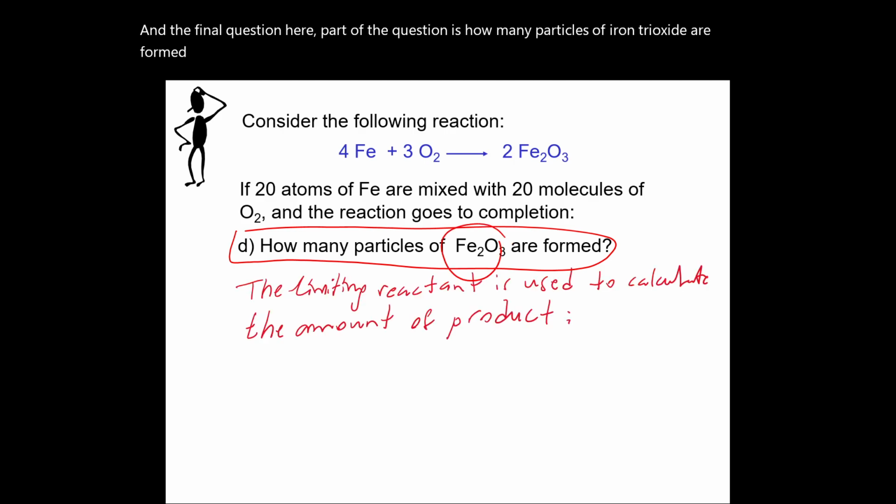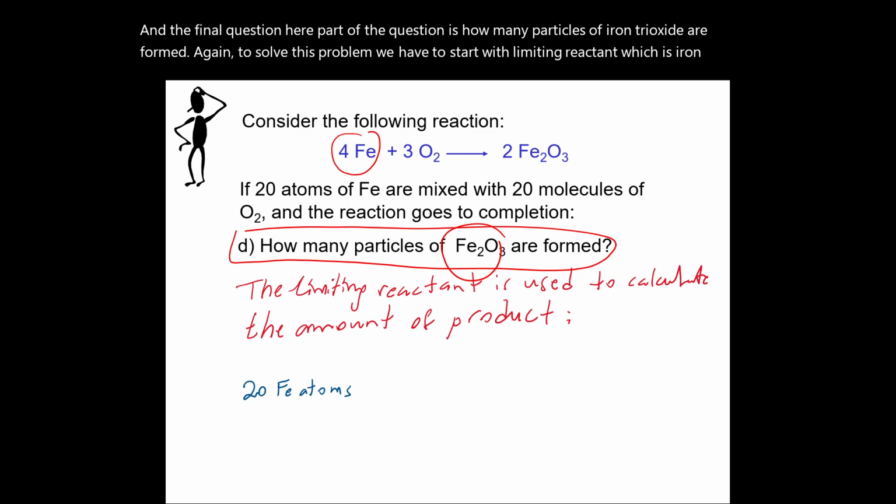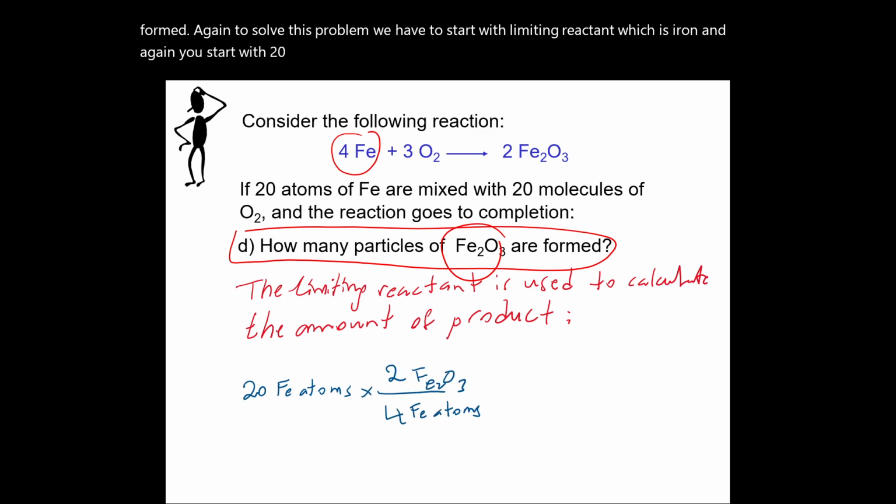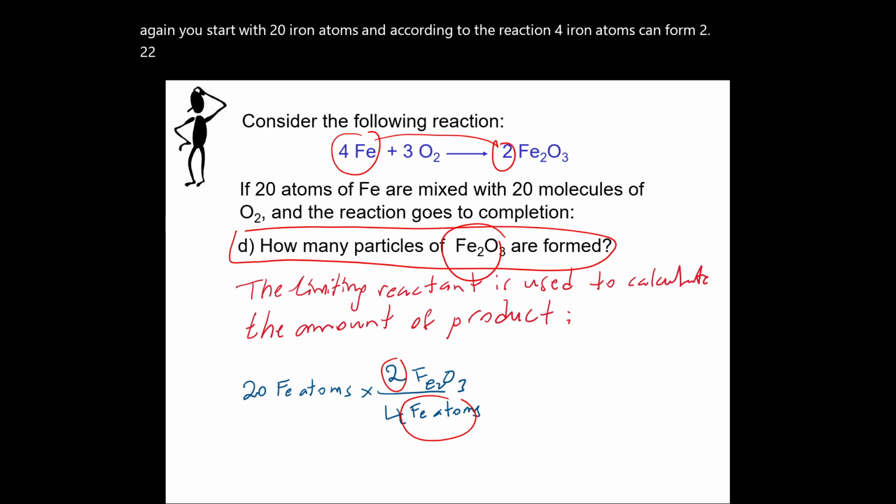Again, to solve this problem, we have to start with the limiting reactant, which is iron. And again, you start with 20 iron atoms. And according to the reaction, 4 iron atoms can form two iron trioxide particles.